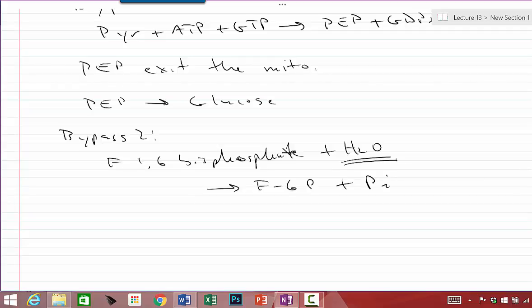Can anyone guess what class of enzymes this would belong to? Fructose 1,6-bisphosphate going to fructose 6-phosphate and inorganic phosphate, and I'm using water to do this. Hydrolase, very good. So this is a hydrolase, because hydrolase will be severing that bond.